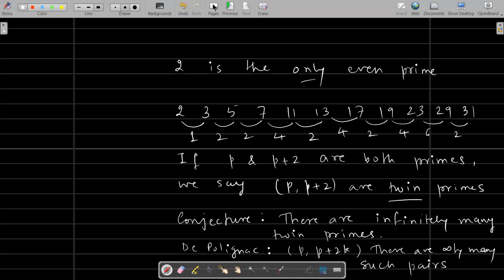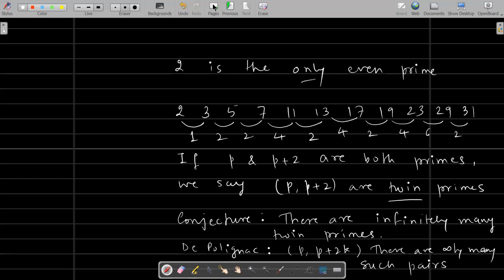Yes. So there is this twin prime conjecture that there are infinitely many twin primes, and a little more general one was conjectured by de Polignac. So there are infinitely many pairs where P and P plus 2k are primes for some given k.